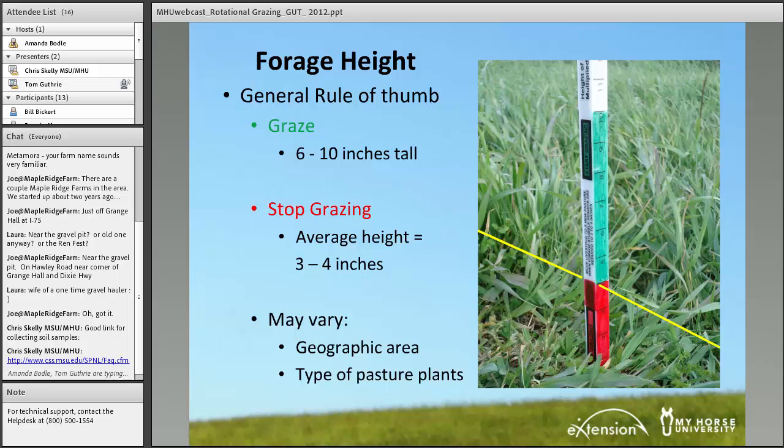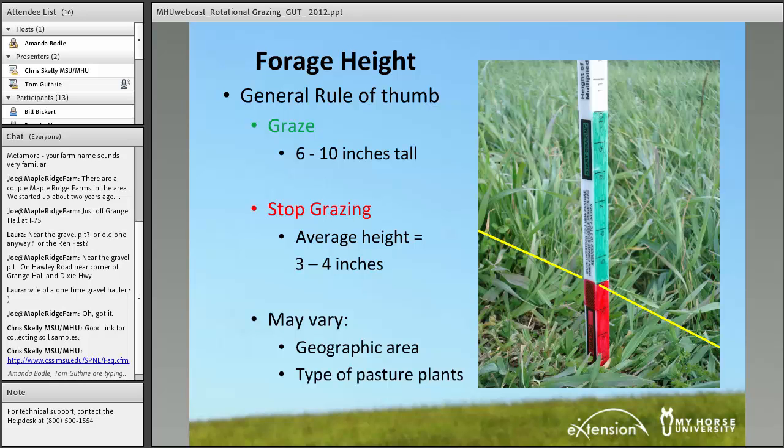Okay, so let's look at what is the correct forage height to graze or not to graze. An excellent tool to monitor forage height is a grazing stick. Pictured here is a Michigan grazing stick obtained from the NRCS that I have color coded for stop and go grazing.